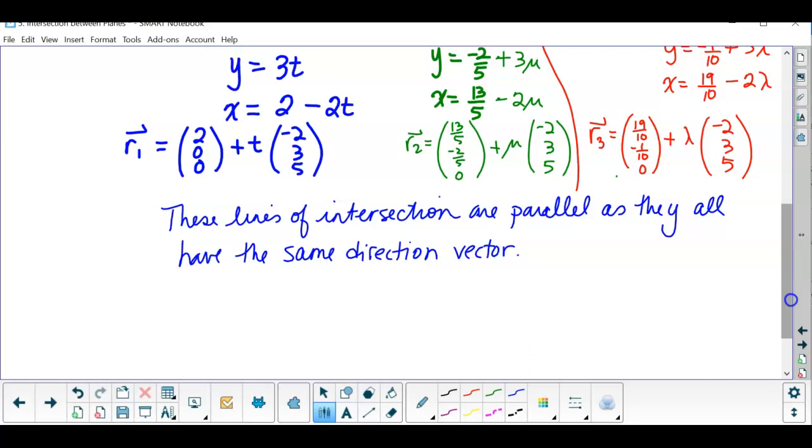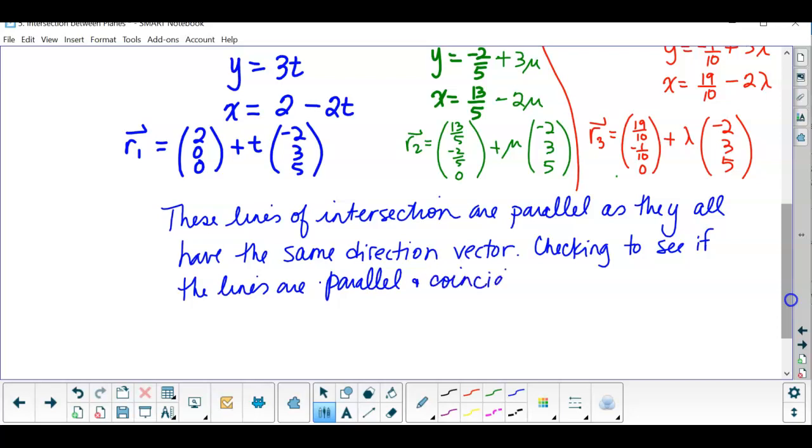Okay, so we did that visually, checking to see if the lines are parallel or coincident. Okay, and then we can check the same point, 2, 0, 0.